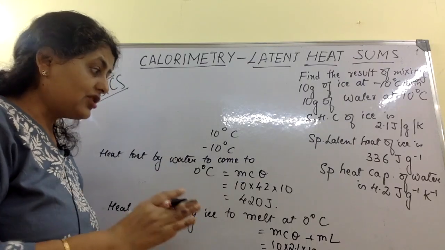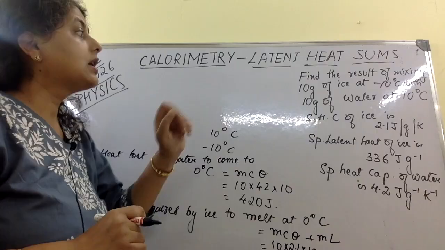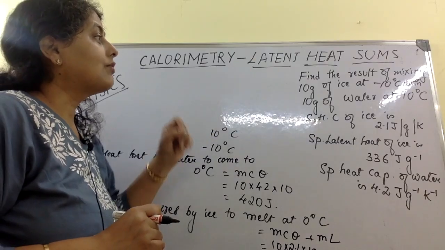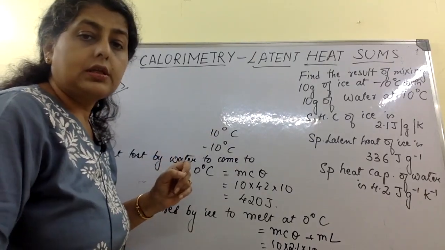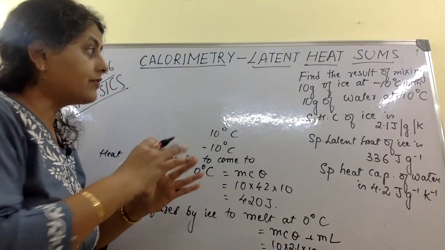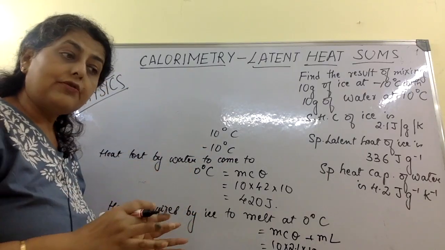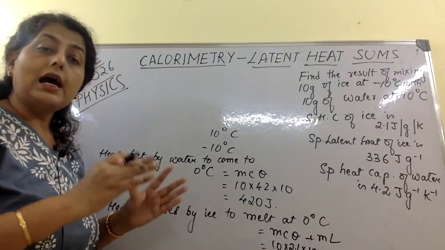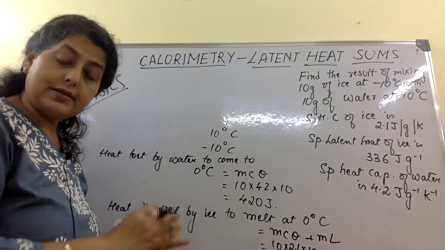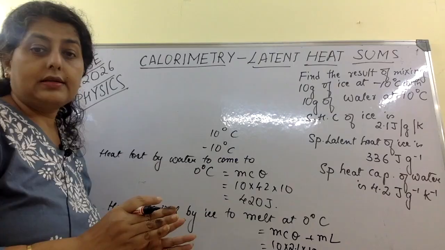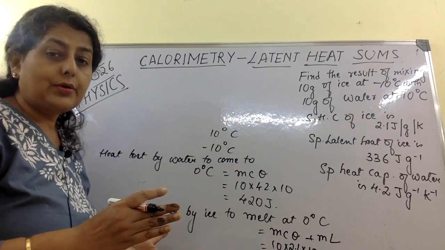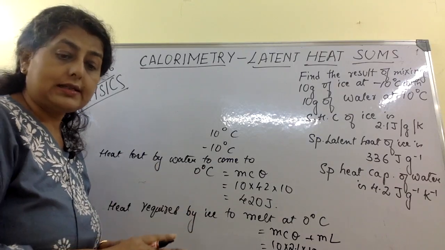Now it is our job to see, they told us to find the result of the mixing. They want to ask us what the final result of mixing is. We will have to tell them exactly how much ice has melted and how much is still in the mixture. So how do you do that? Let's see.